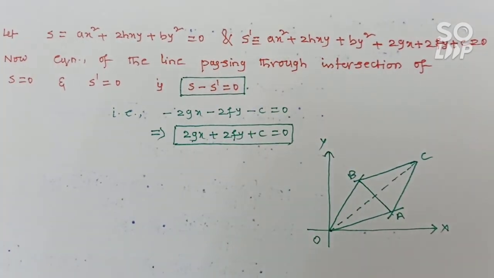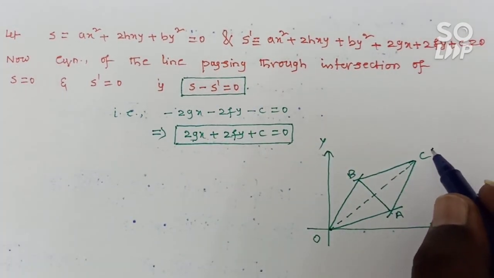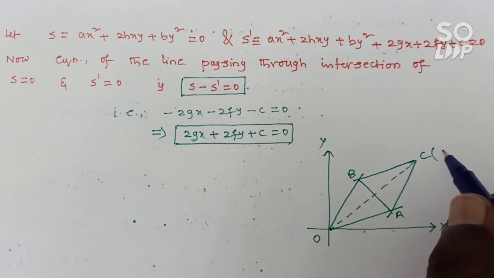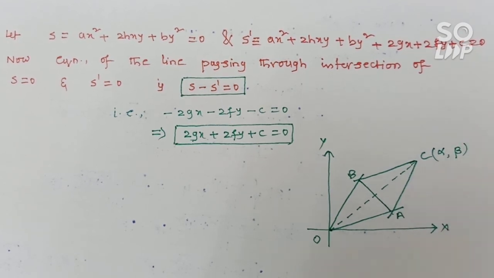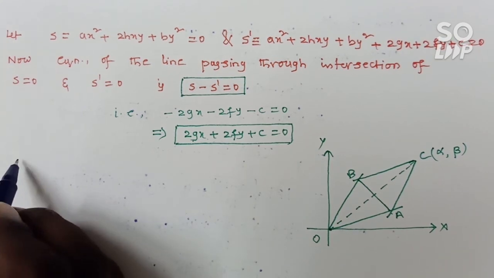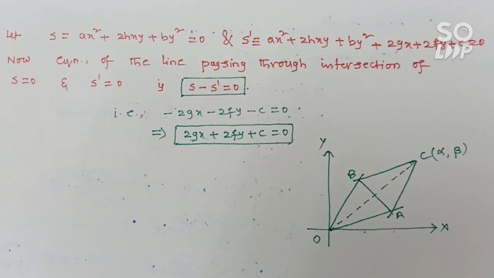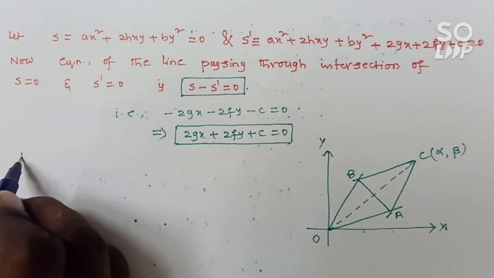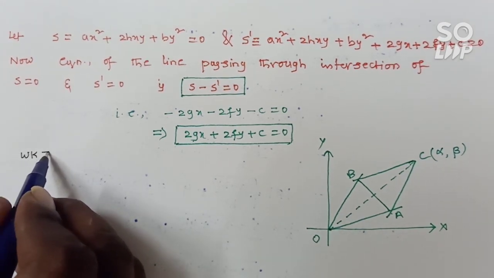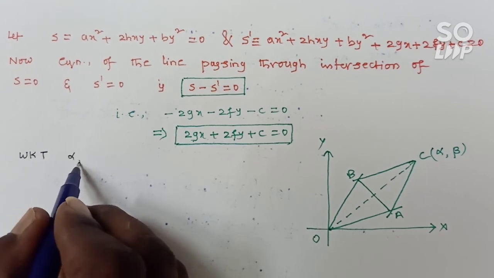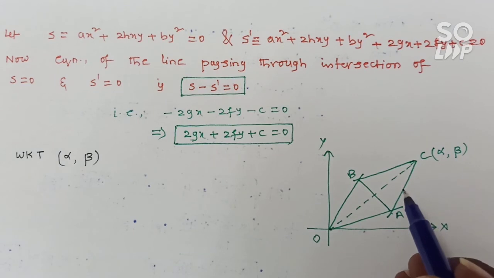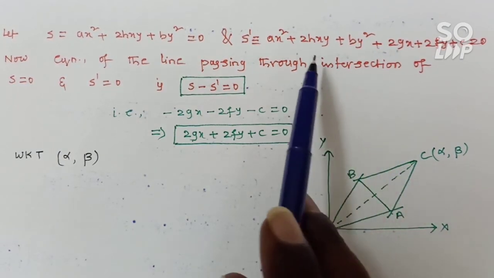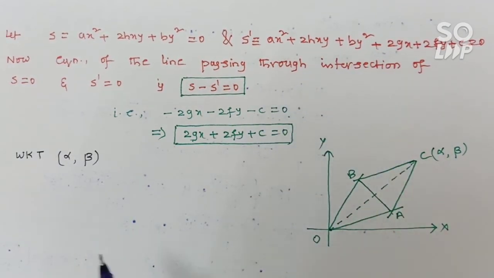non-homogeneous equation. We know that this point is, let it be, alpha comma beta. We know that alpha comma beta is the point of intersection of the lines represented by the non-homogeneous equation.